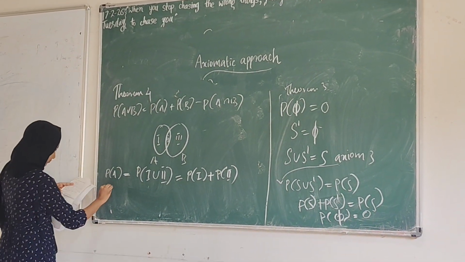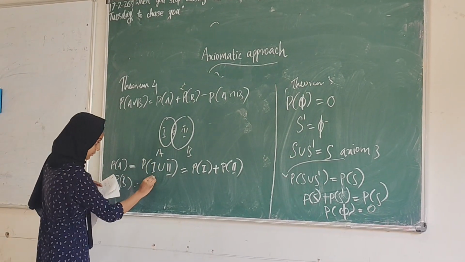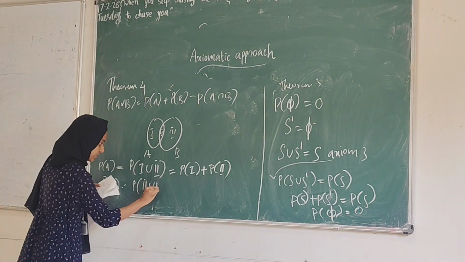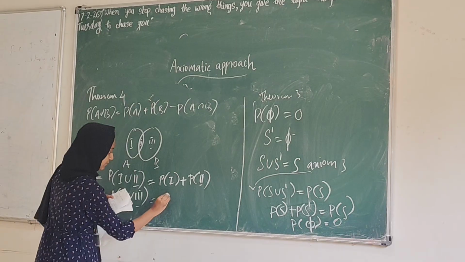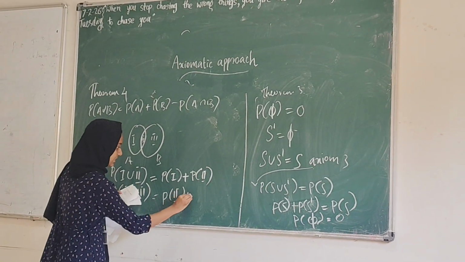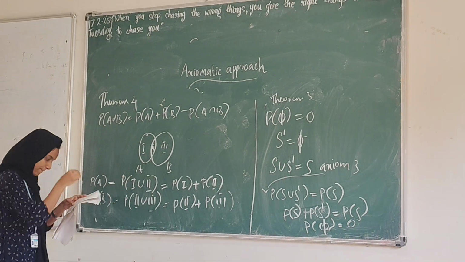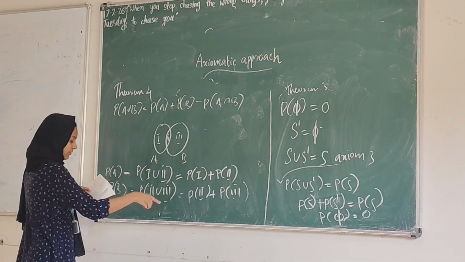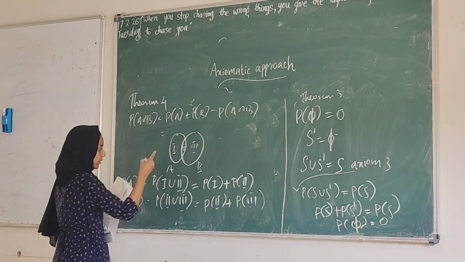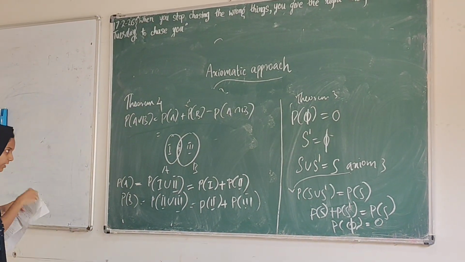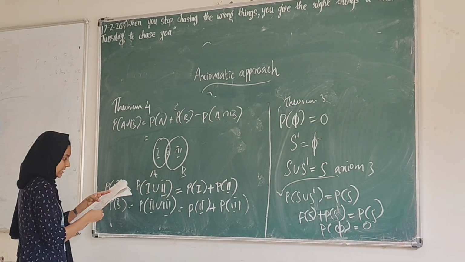Then P of B is equal to P of 2 union 3, that is equal to P of 2 plus P of 3. So let's give this an equation: P of A is equal to P of 1 plus P of 2.